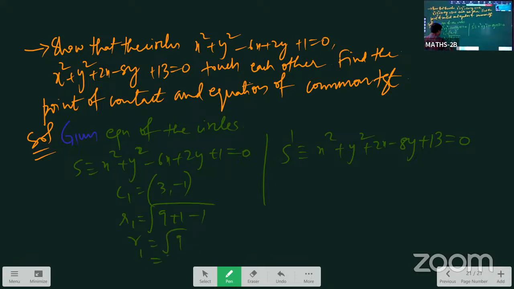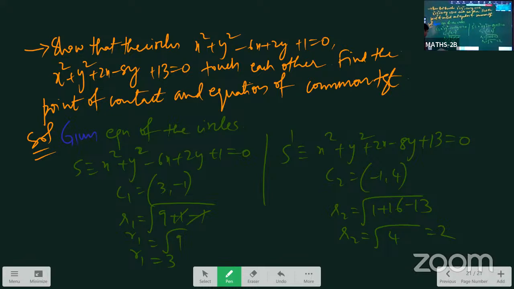That is 3 minus 1 plus 1 gets cancelled. That's C2, R2, 17 minus 13 is 4, which is 2. See, I got R1 equal to 3 and R2 equal to 4 when the circles are given.